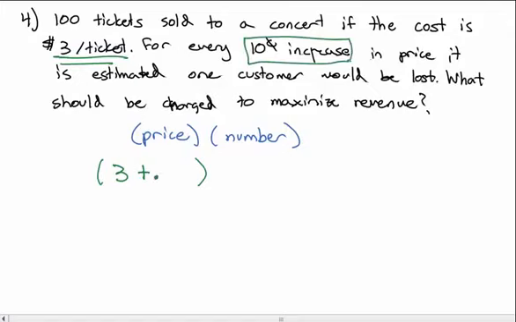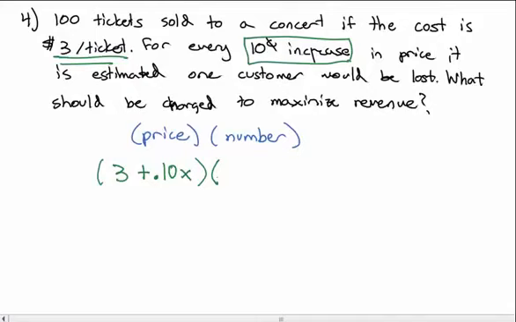So we're going to increase 0.10, but we don't know the number of times, so I'm going to call that x. If x is 5, that represents 5 10-cent increments. If x is -2, that means we're decreasing the price 2 10-cent increments, or decreasing it 20 cents. So x is the number of 10-cent increments.